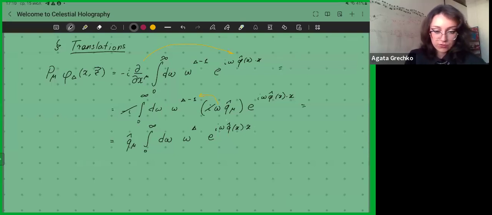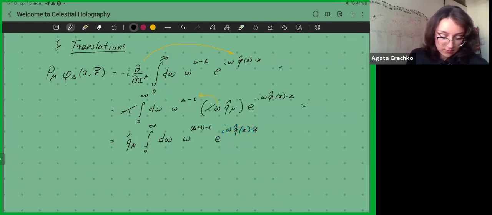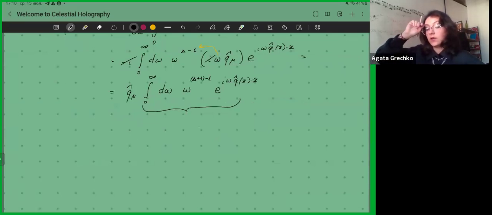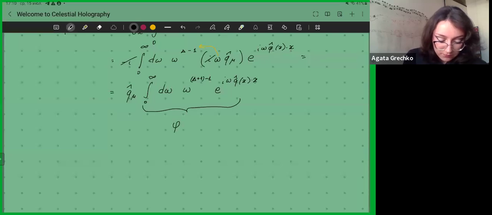And now to see exactly what we obtained, we can do a little trick, plus 1 minus 1, which means that this is nothing else but a conformal primary wave function with the weight shifted by 1. So it's just phi with weight delta plus 1 of the same x and the same z.